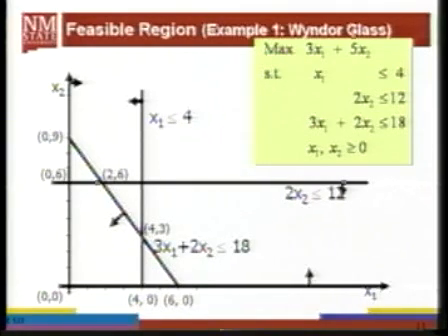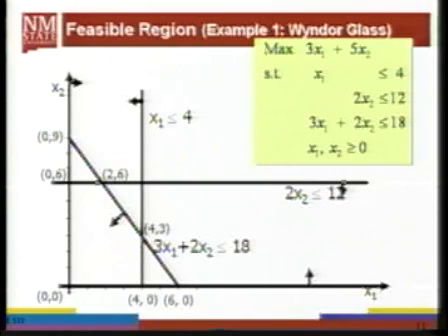That is, we can substitute x1 equals 0 and x2 equals 0 into this constraint to check if it satisfies 3x1 plus 2x2 less than or equal to 18. With x1 equals 0 and x2 equals 0, the left-hand side becomes 0, right? So 0 is less than or equal to 18, so this constraint is satisfied.